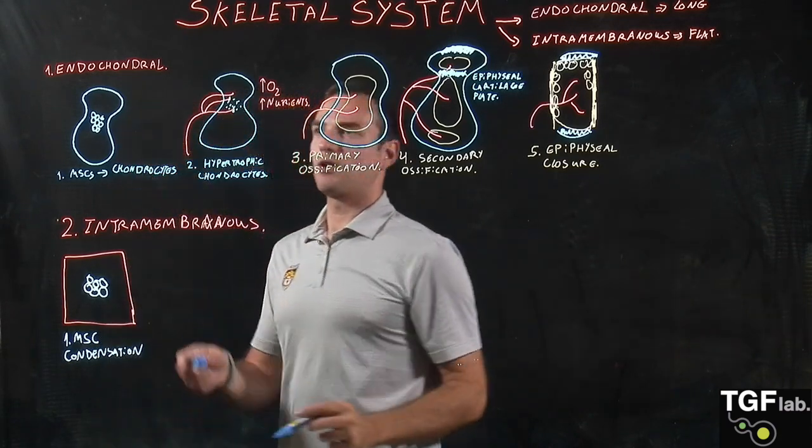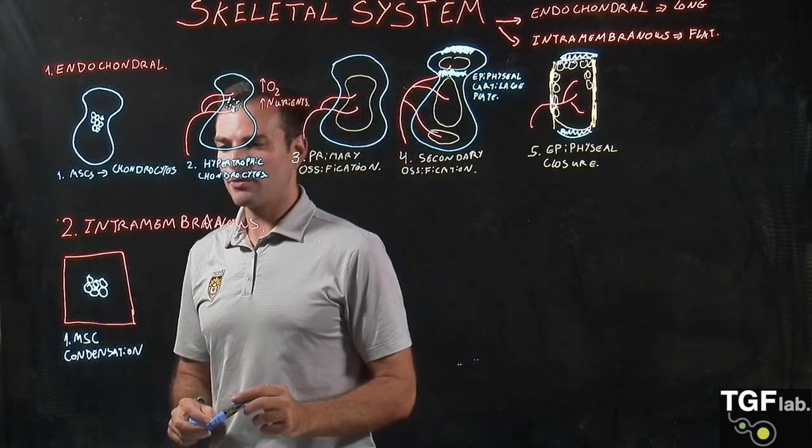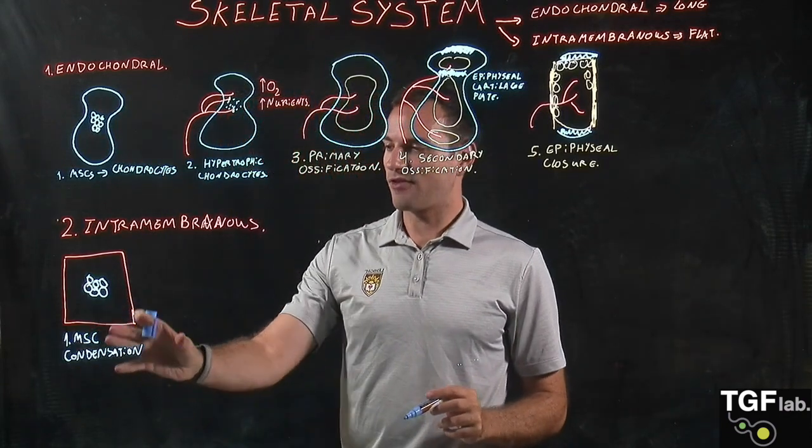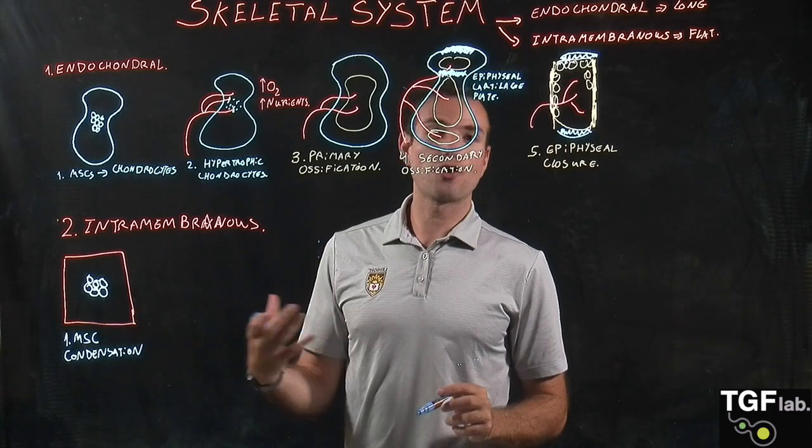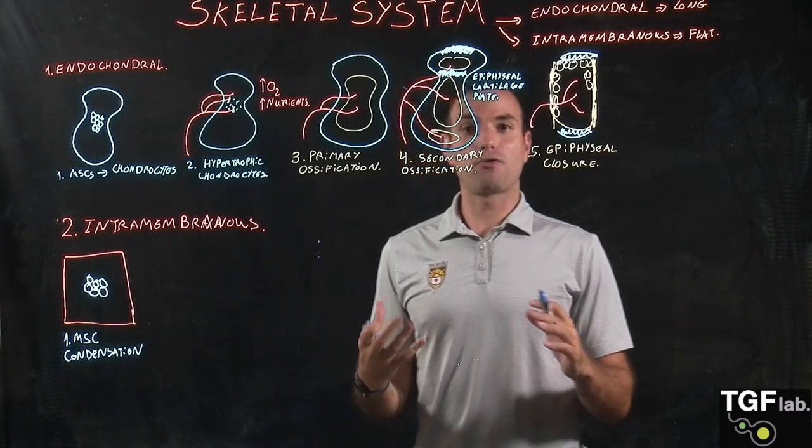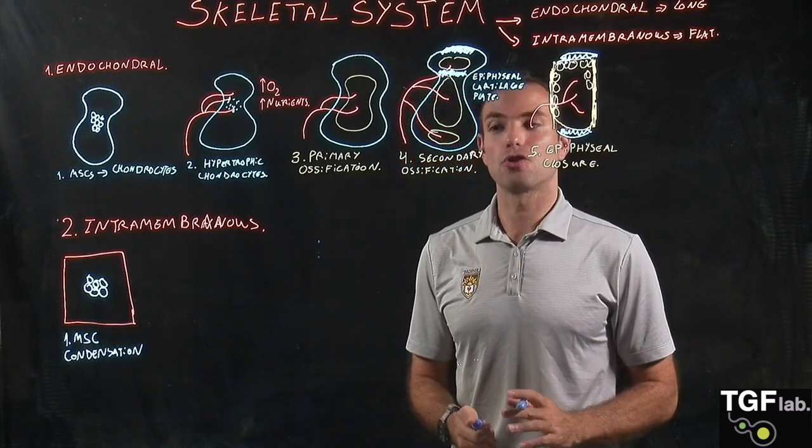So this is very similar to the process in endochondral ossification, but instead of differentiating to chondrocytes, they are going to differentiate directly into the bone cells, into the osteocytes and also the osteoblasts.